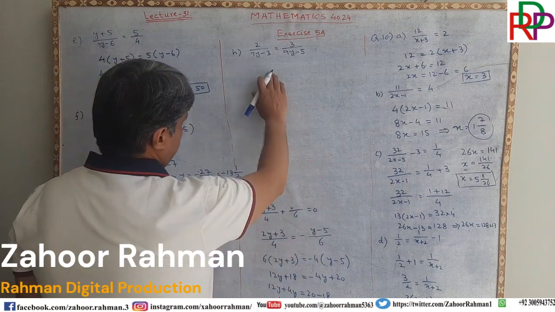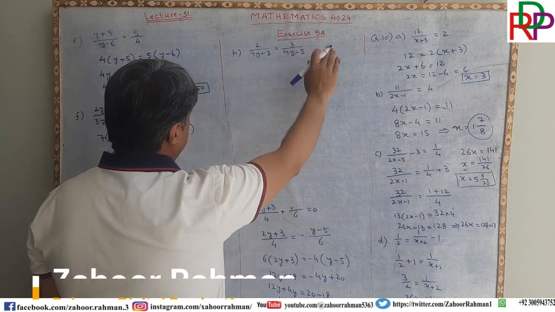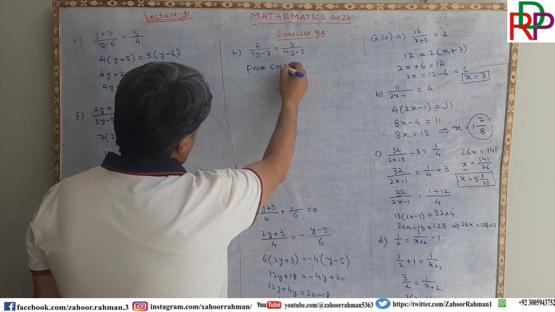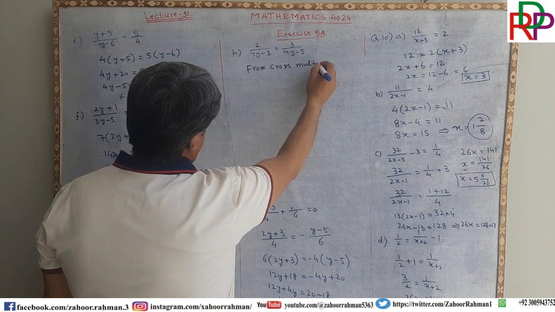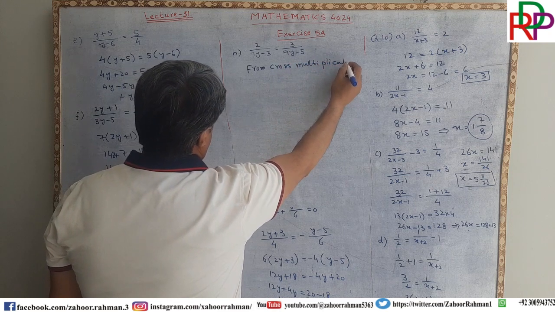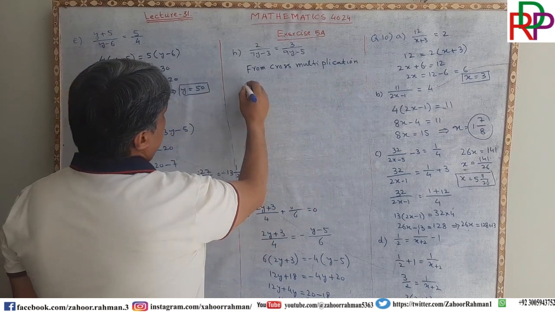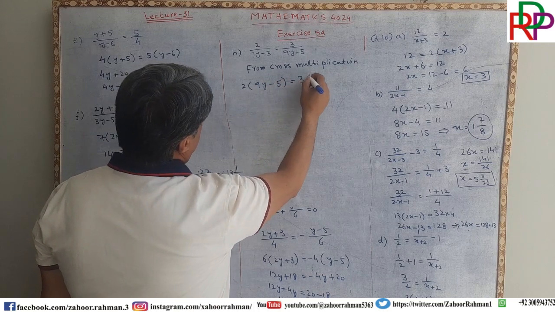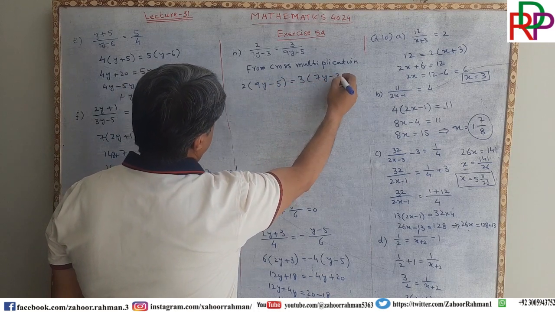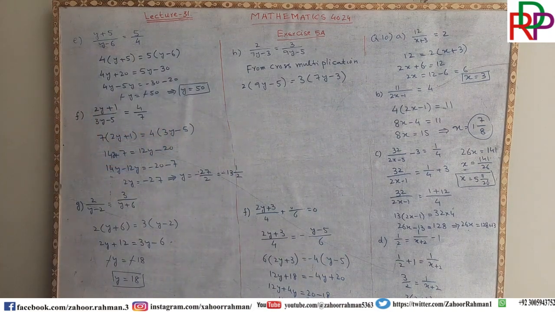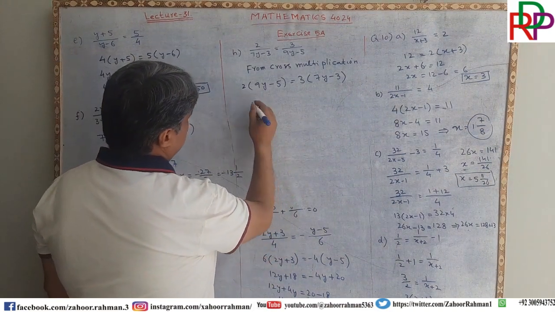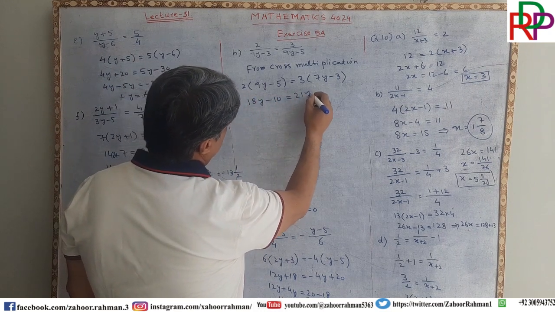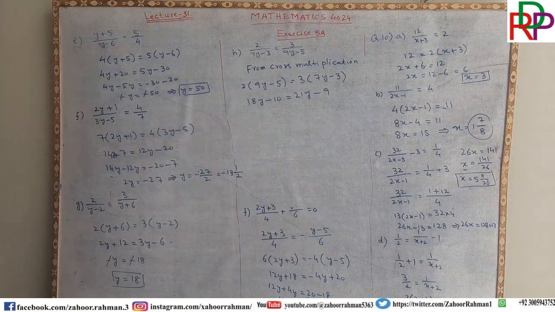Final part for today, and that is again cross multiplication. So I am writing from cross multiplication, 2 into 9y minus 5 is equal to 3 into 7y minus 3. So now we have to expand it. 18y minus 10 is equal to 21y minus 9.